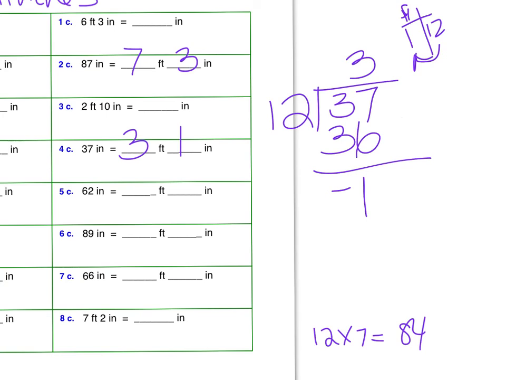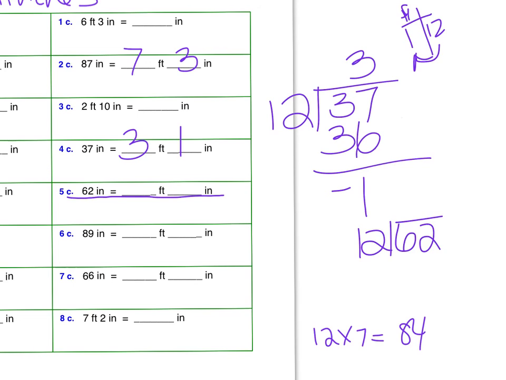All right, let's do one more. Let's do this 62 inches one. I'm turning 62 inches into feet and inches. So I'm going to divide 62 by 12. Again, at this point, you could knock this into the calculator to find out what gets close, but you're going to have to finish it off by doing old school long division to get your remainder.